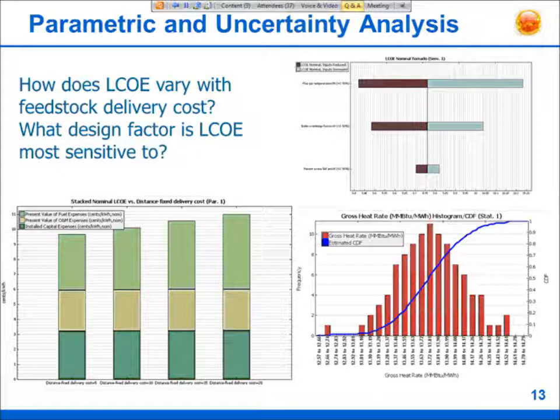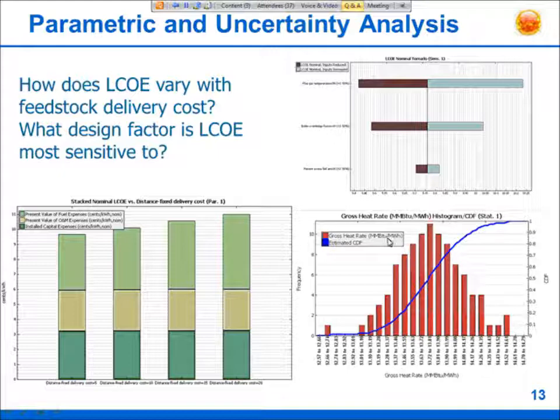And you can use that to answer questions like, how does the LCOE vary with feedstock delivery cost? So this graph down here in the bottom left shows the results of a parametric analysis on feedstock delivery costs. And we can see that as the cost increases, by how much the LCOE increases.